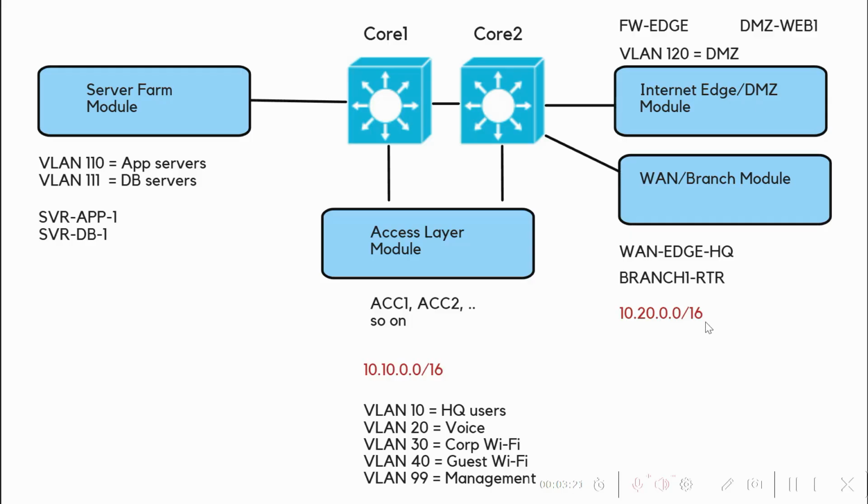On top of that, we'll layer wireless and guest VLANs, a voice VLAN, and basic QoS. Campus security features like DHCP snooping and dynamic ARP inspection, and monitoring with syslog, SNMP, and NetFlow.